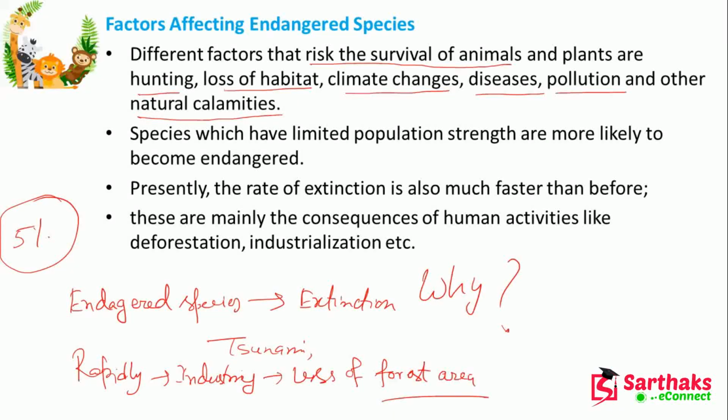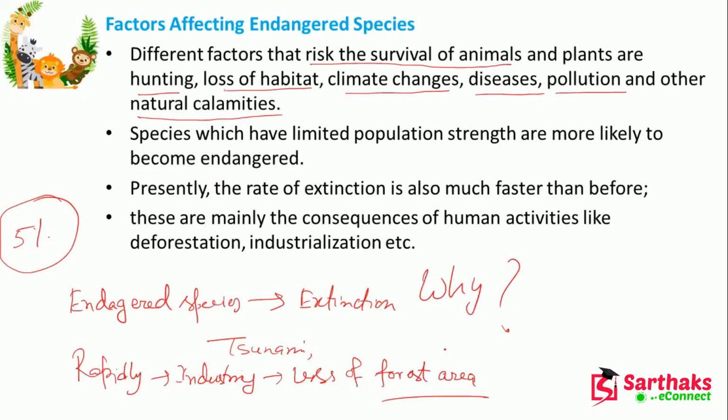If you have less forest area, that means fewer animals, because the forest is the most reliable and safest place for them to live. But we are just snatching that away, and these are mainly the consequences of human activities like deforestation and industrialization.